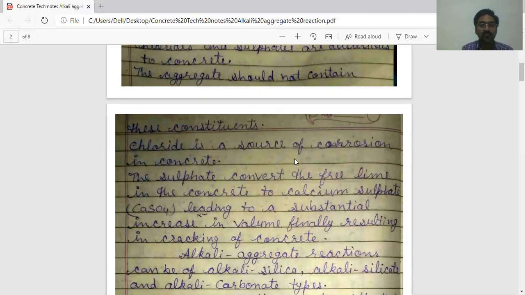Chloride is a source of corrosion in concrete, and sulfate converts the free lime in the concrete to calcium sulfate, CaSO4, leading to a substantial increase in volume, finally resulting in cracking of concrete due to expansion.